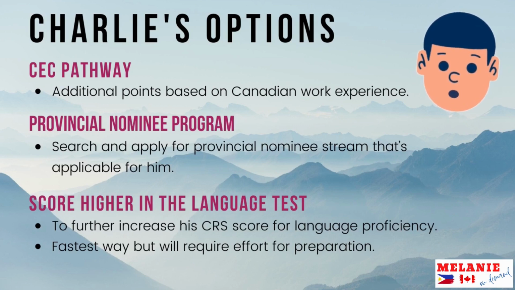Second, provincial nominee program. Search and apply for provincial nominee stream that's applicable for him. Third, score higher in the language test. Improve IELTS score to get a better CRS score. This is the fastest way but will require effort for preparation.